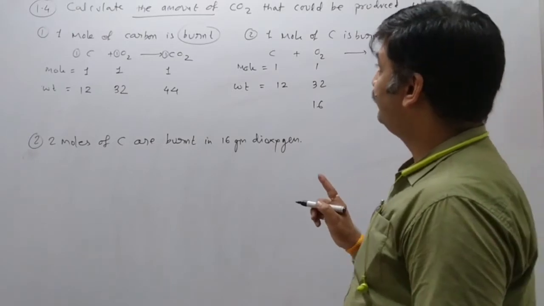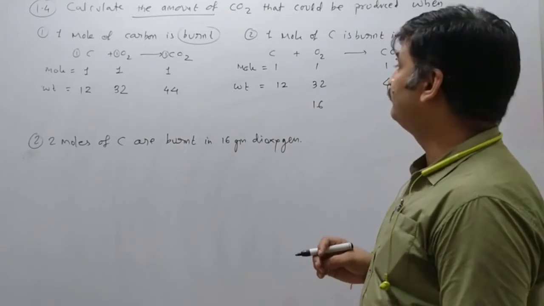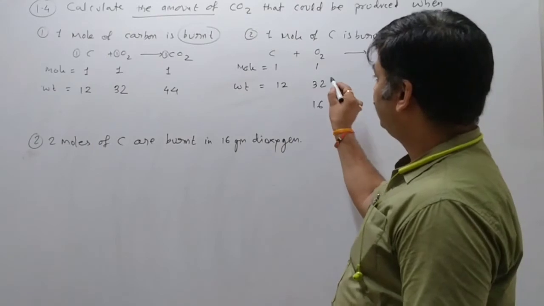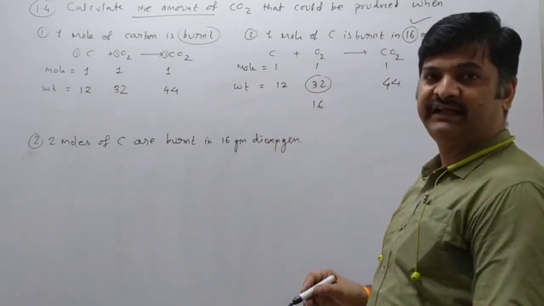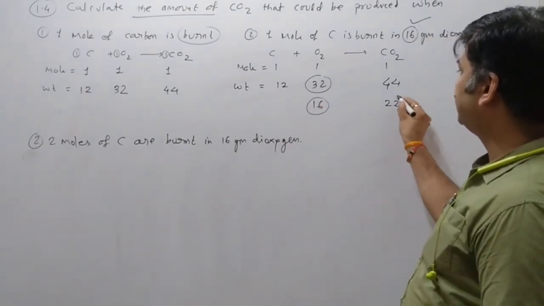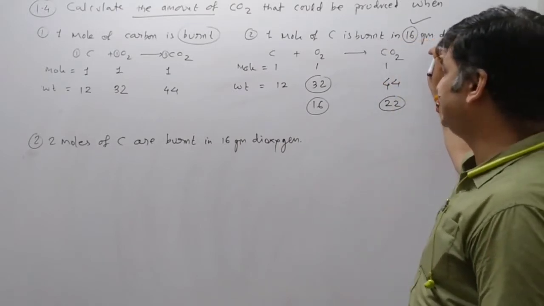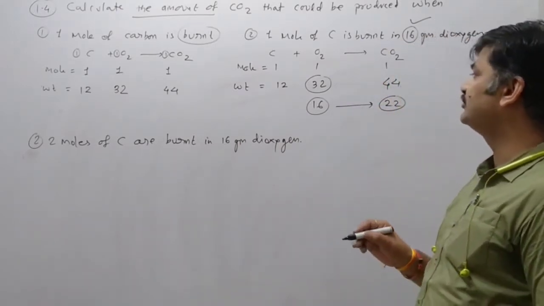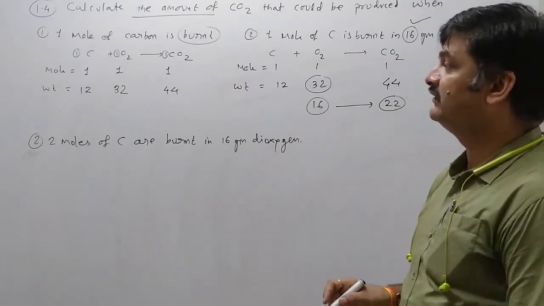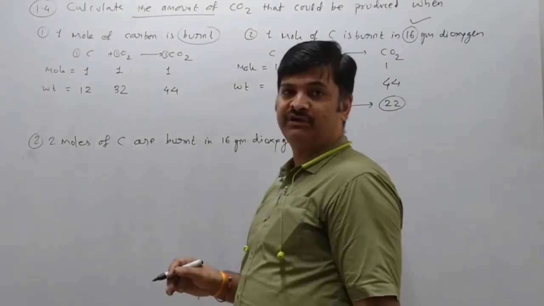Friends, remember, during formation of CO2, the weight or mole of oxygen is important; the mole of carbon is not that important. So 32 divided by 2 is 16, the mass becomes half. Whenever the weight of oxygen is 16, the weight of CO2 will be 22. Clear? During a combustion reaction, the weight of oxygen is important, the weight of carbon is not that important.